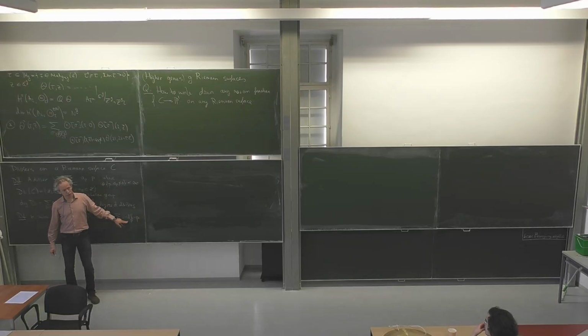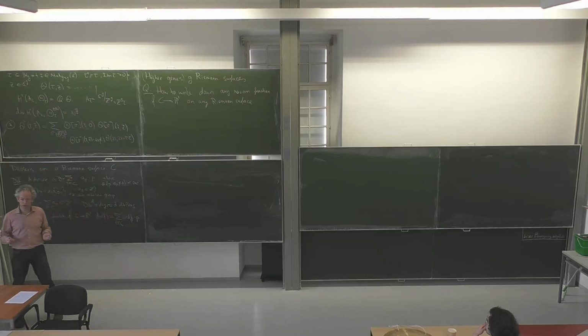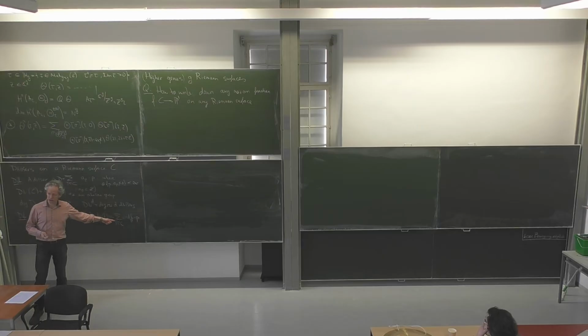It's a vanishing or pole order. So if it's vanishing, then it's a positive integer, which is a positive order of vanishing. If it's a negative number, that's a pole, right? So a second order pole will show up with a coefficient minus 2. A fourth order zero will show up with coefficient plus 4. A meromorphic function on a compact Riemann surface has a finite collection of poles and a finite collection of zeros. So it's a divisor, meaning the sum is finite.